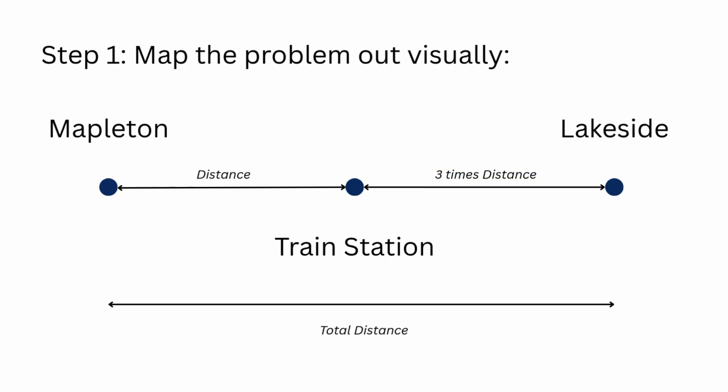And finally, we've got the total distance at the bottom between Mapleton and Lakeside. So these are the 3 variables, known and unknown, that we will use to find the unknown, which is the distance from Mapleton to the train station.